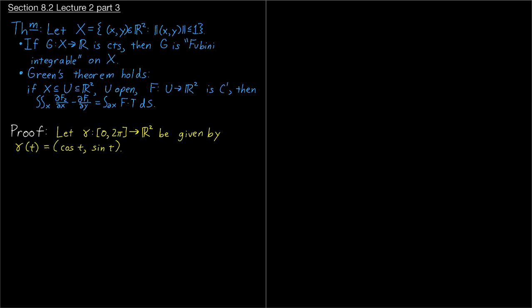And since we've done so much with polynomials, we're going to let Pn be the polygon with 4n sides inscribed in the unit circle. There's many of those.